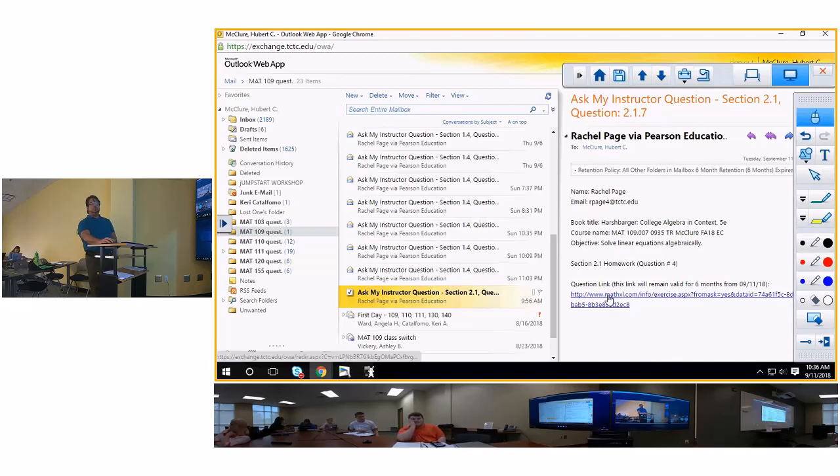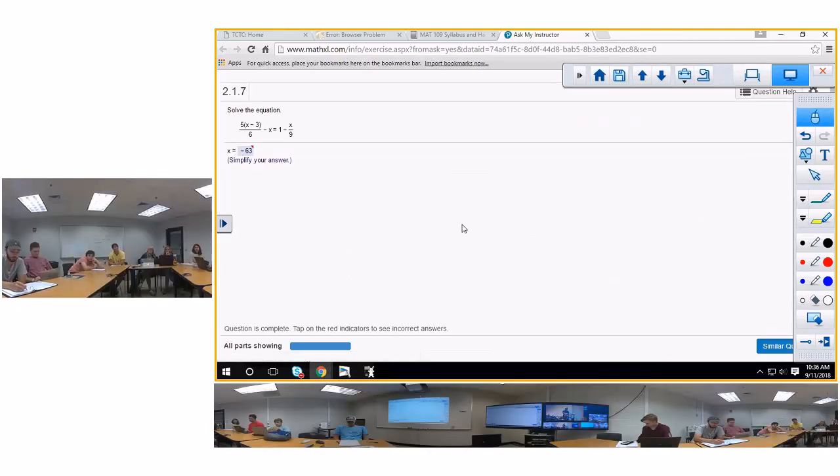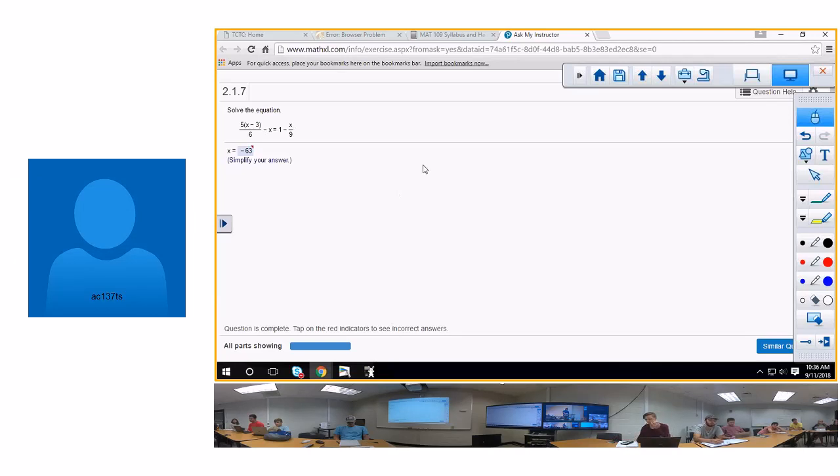Solve the equation. The first thing you want to do with this equation is make everything a fraction. Why? Because you're talking about 4th grade mathematics to get it simplified.